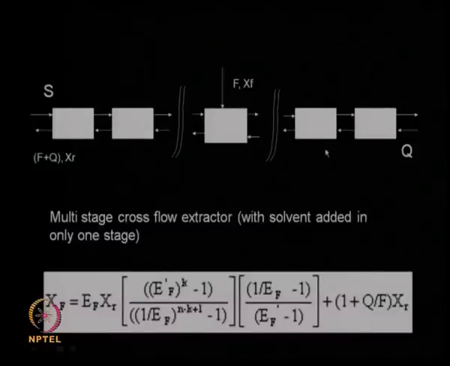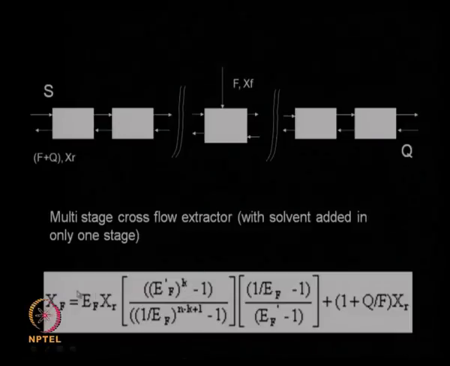In addition we can also calculate the place where I introduce my feed, whether it should be introduced in stage 1, stage 2 or stage 3, because that is K. K tells you the stage in which the feed is introduced. So I can use this equation to calculate where I should introduce my feed to get the best separation, whether in the second stage, third stage, fourth stage and so on.